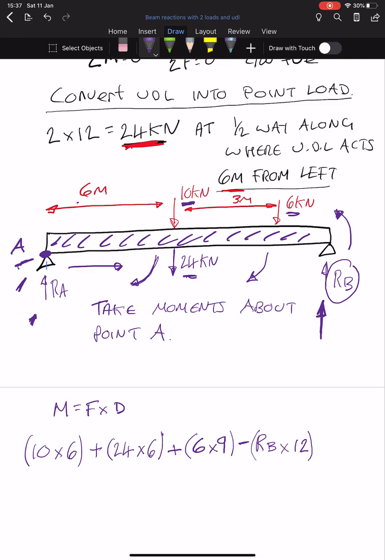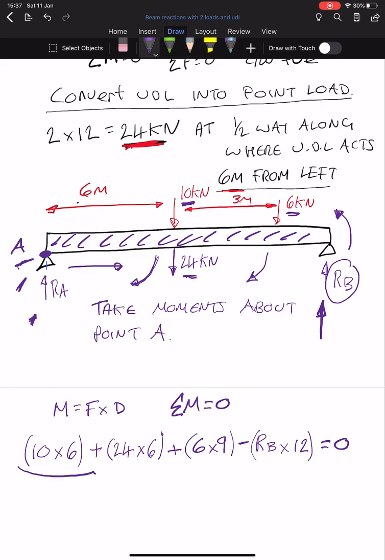So there are my moments. I got 1, 2, 3, 4 forces and 4 moments. Like we said before, sum of the moments has got to equal 0. So all of this has got to be equal to 0 for this thing to be in balance. Next thing to do is work out all of this.